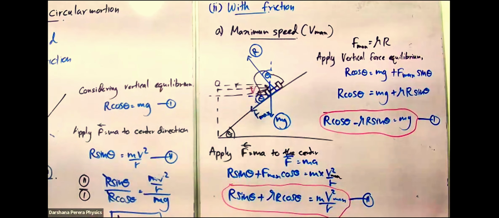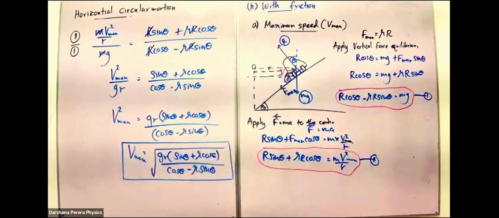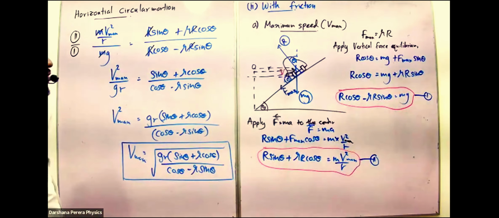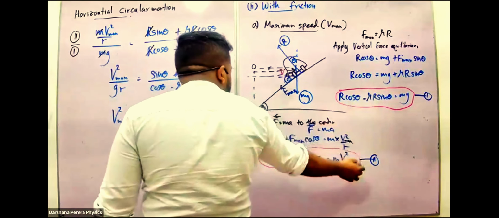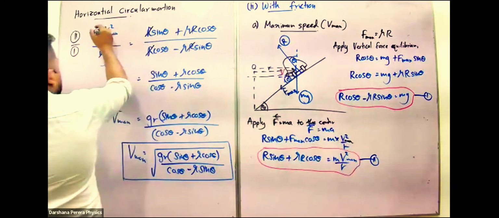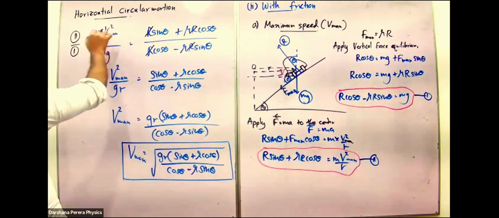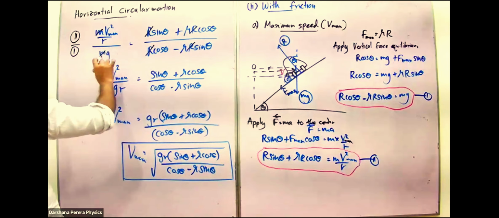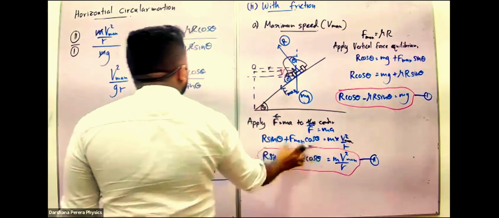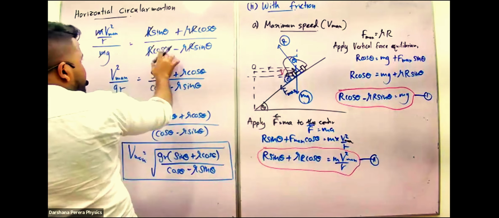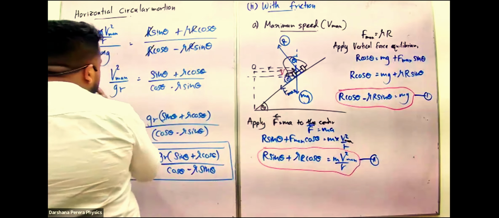Write down this first equation and second equation. First of all, we have to divide the second equation by the first equation: m v square over r over mg equals R sin theta plus mu R cos theta over R cos theta minus mu R sin theta.